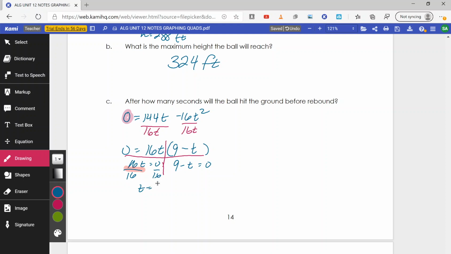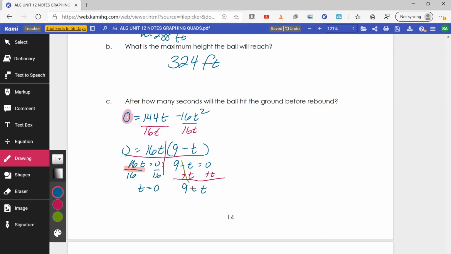So t equals 0. 0 divided by 16 is 0. Now 9 minus t, the easy way, t has to be positive. Here we're subtracting. So if I add t to both sides, 0 plus t, last time I checked, anything plus 0 is itself. So the negative t and the positive t will cancel out. So we have 9 equals t.